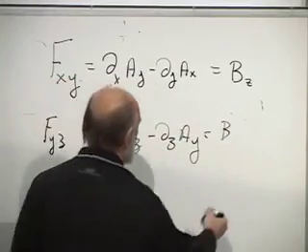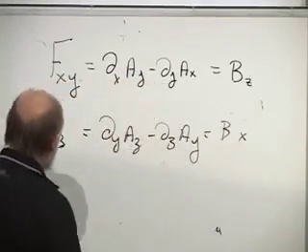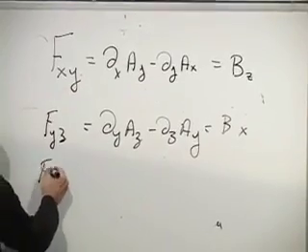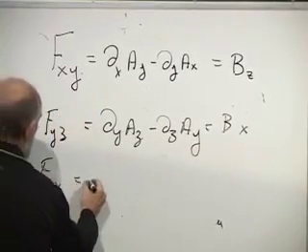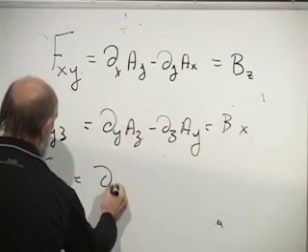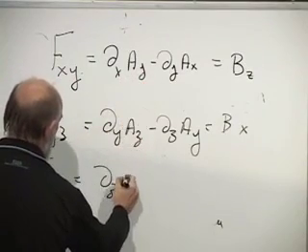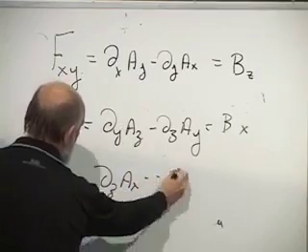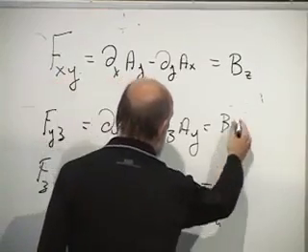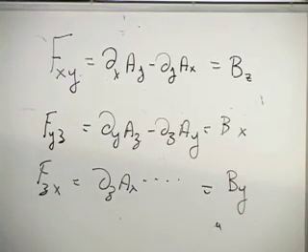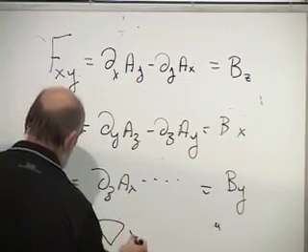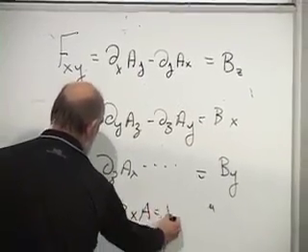X. And the last one, Fzx is equal to dz Ax minus dx Az, and that's equal to By. So this is the connection, this also says that curl of A. Another way to write this is that curl of A is equal to B.